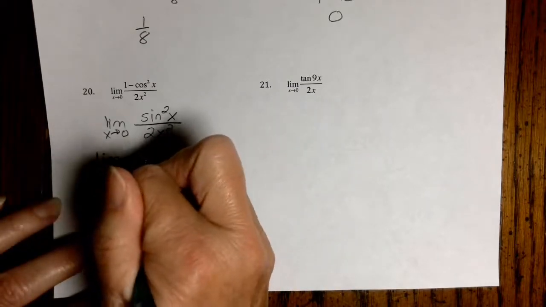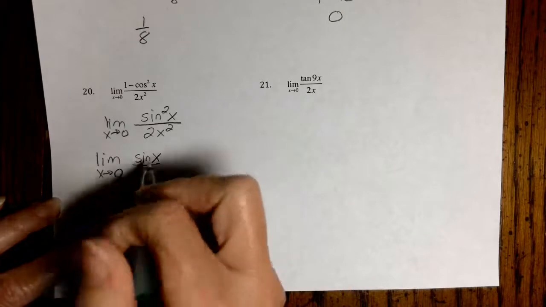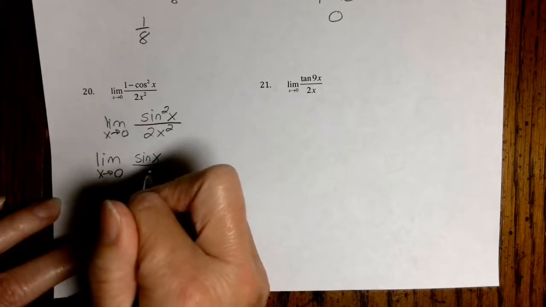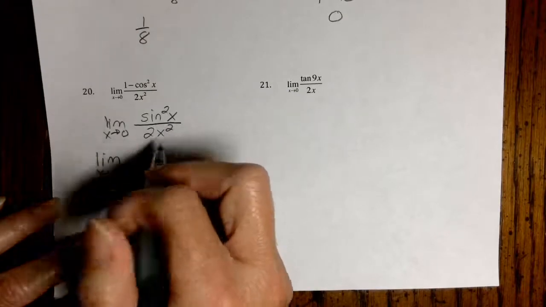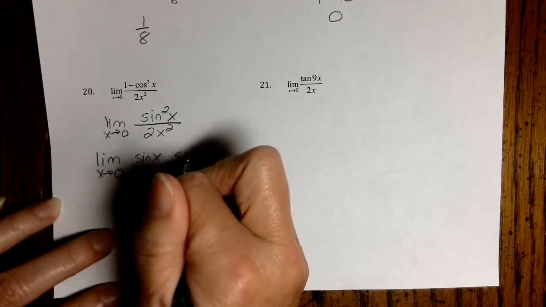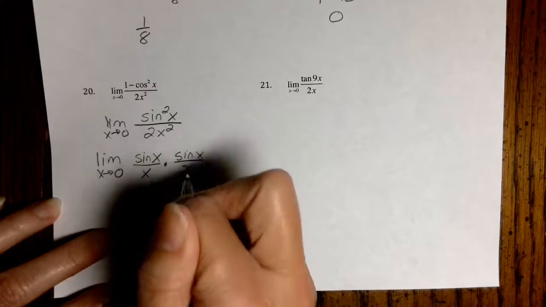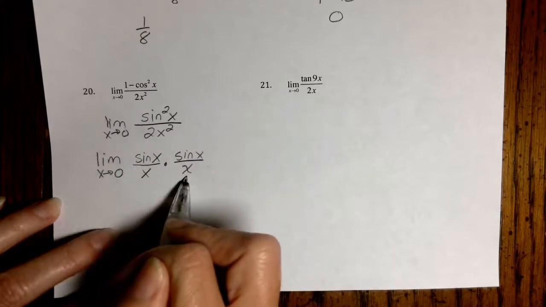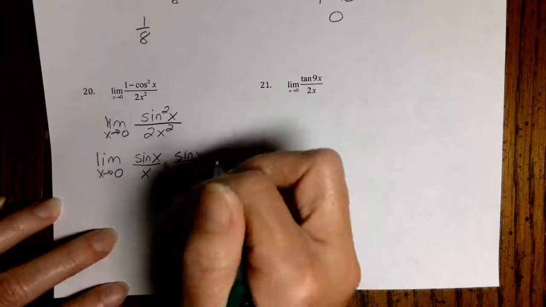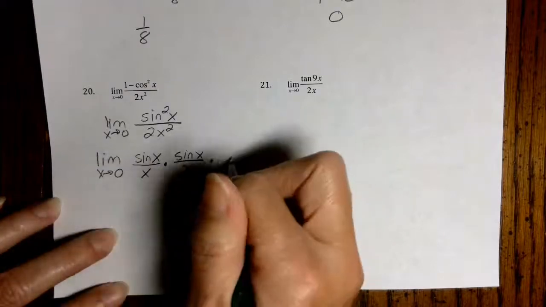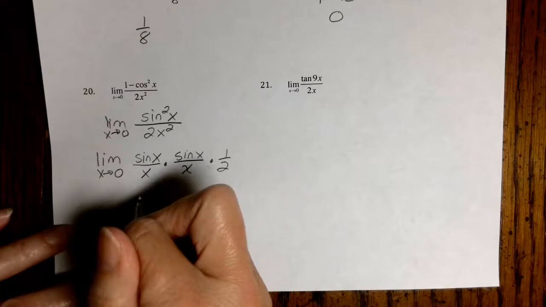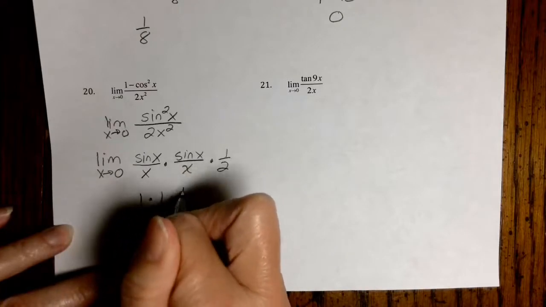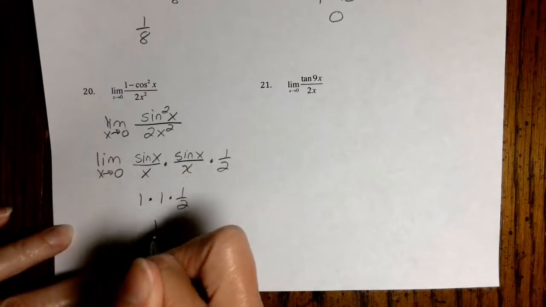If I take the sine of an angle and I divide it by its angle, it goes to a 1. So I'm going to split apart my squared terms as individual terms to say that each of these ratios is going to a 1. I go back to the original fraction, I have a 1/2 left. This becomes a 1, 1, 1/2. The answer for this limit is a 1/2.